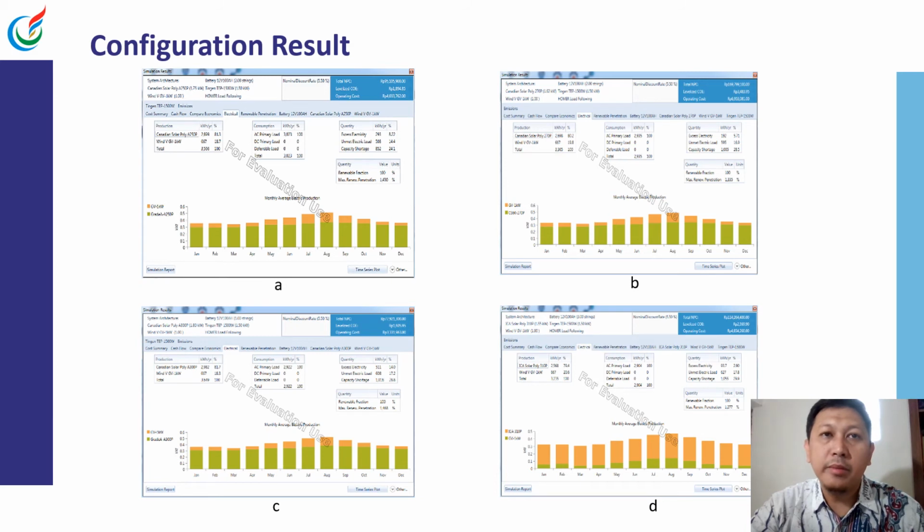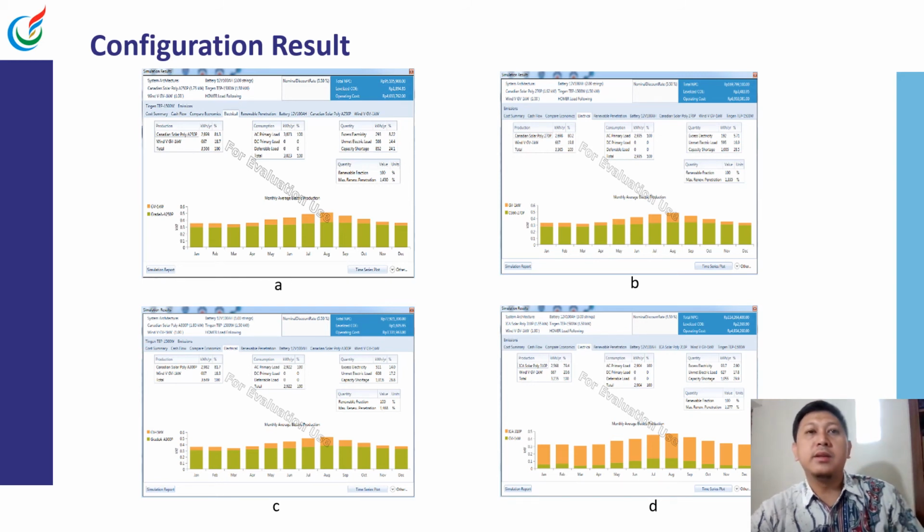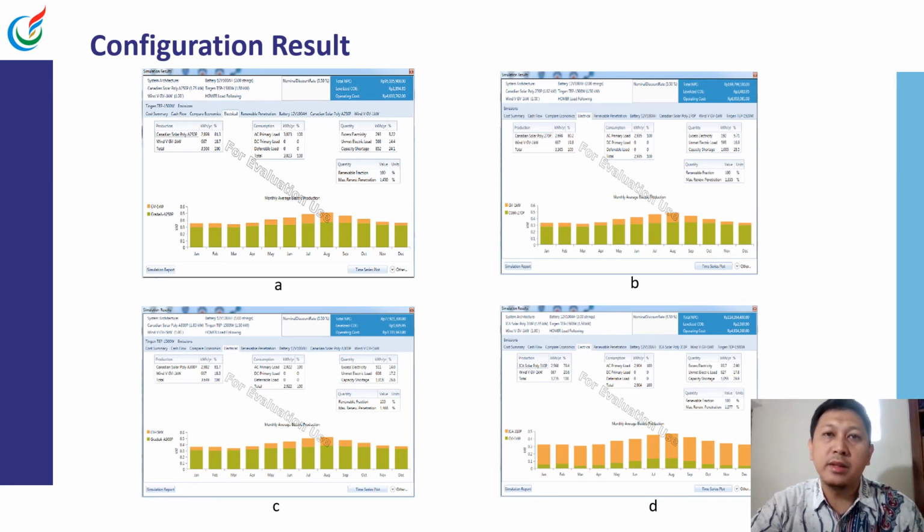And figure B shows electricity from PV of 2,698 kilowatt hours per year and from wind turbine of 667 kilowatt hours per year, and the total electricity production is 3,365 kilowatt hours per year.